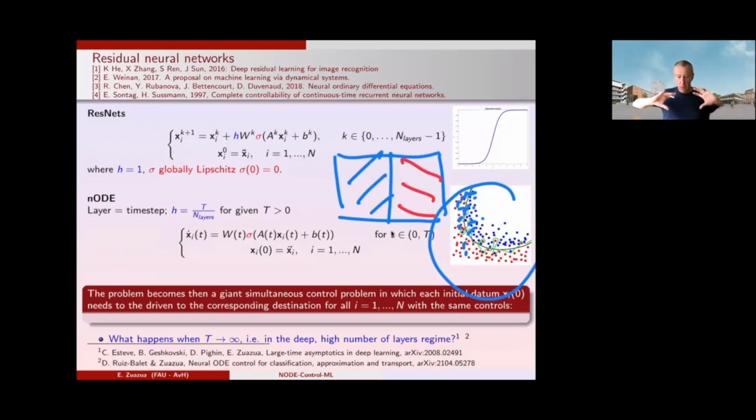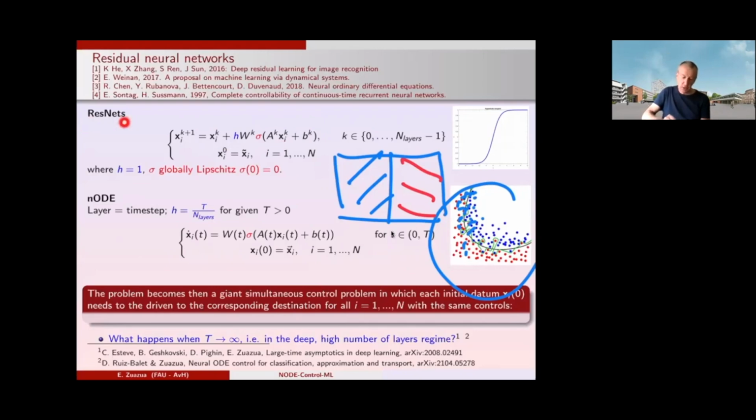So why do we say this is a simultaneous control problem? Well, we said, okay, let us consider, rather than a one-layer neural network as in the original work of Cybenko, a neural network with multiple layers, and let us do it in an incremental manner.